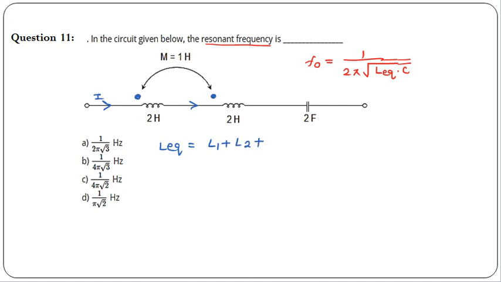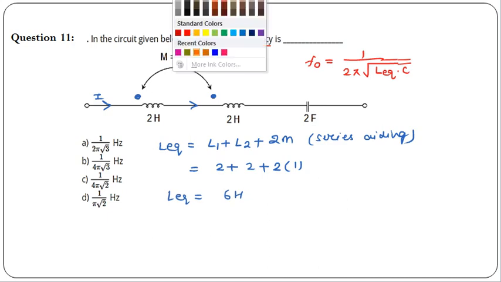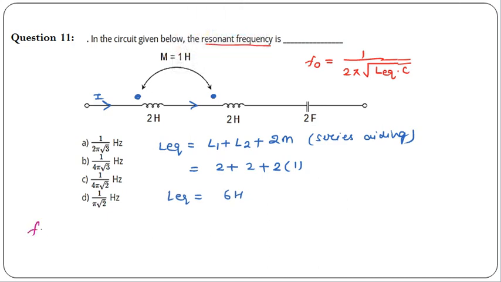So L equivalent is given by L1 plus L2 plus 2 into M, because it is a series aiding connection. Okay, so L1 value is 2 and L2 value is also 2, plus 2 into mutual inductance value 1. So L equivalent we are getting as 6 Henry. Now if we substitute this value, then F naught is 1 by 2 pi.